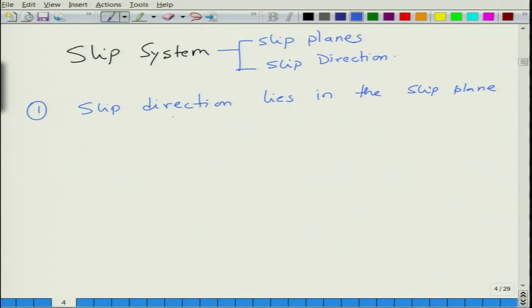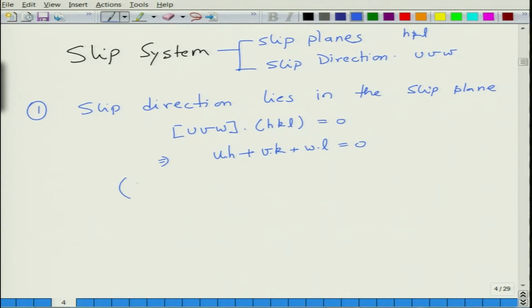That means if the slip direction is UVW and the plane is of HKL type, then the dot product of UVW with HKL is equal to 0, basically meaning UH plus VK plus WL is equal to 0.